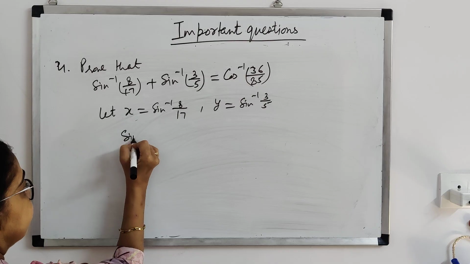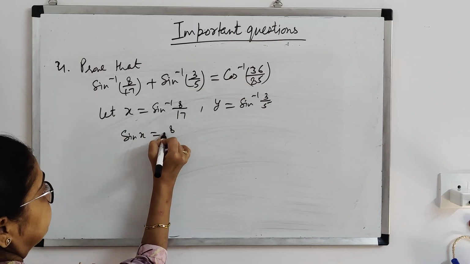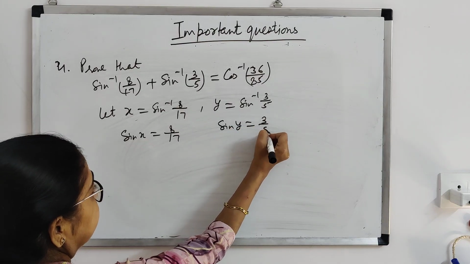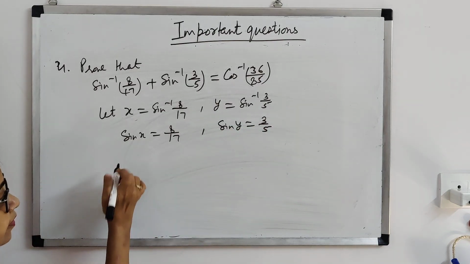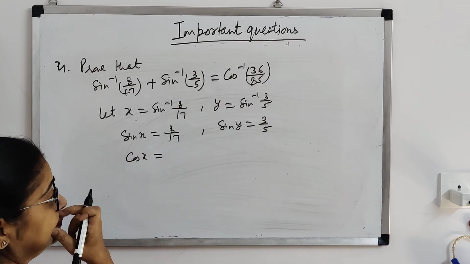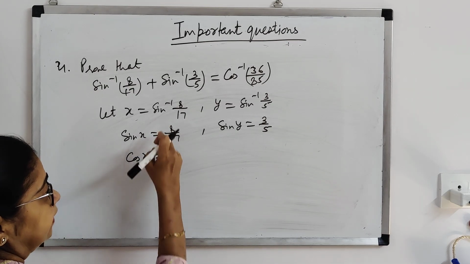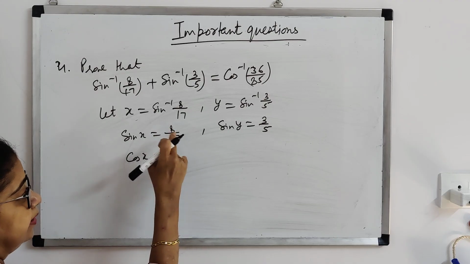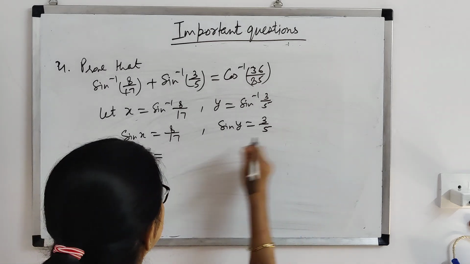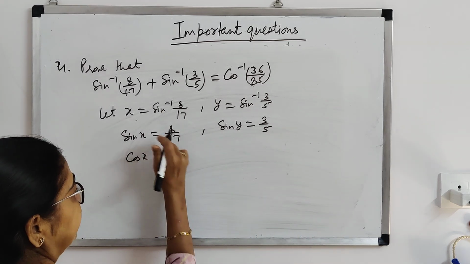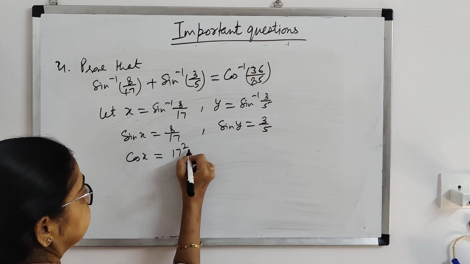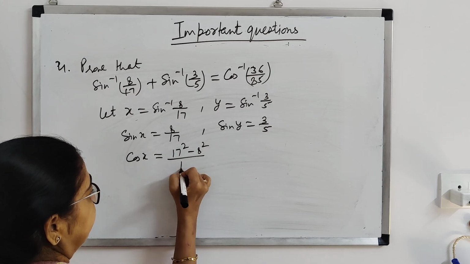So sine x is 8/17 and sine y is 3/5. If you know the sine function, we can find cos x easily. So when you use the Pythagoras theorem, it will be 17 square minus 8 square, that is 289 minus 64, which is 225. So cos x is 15/17.